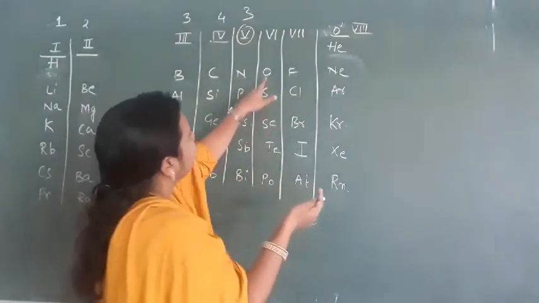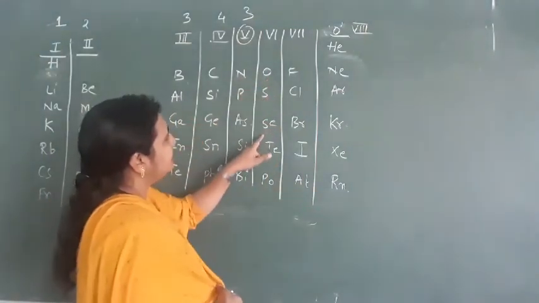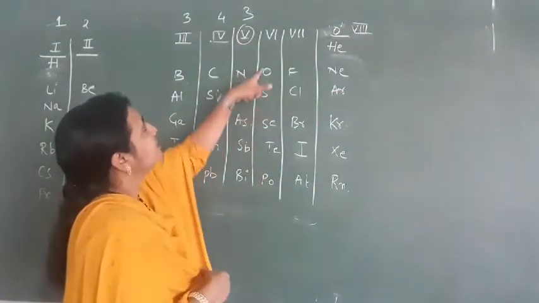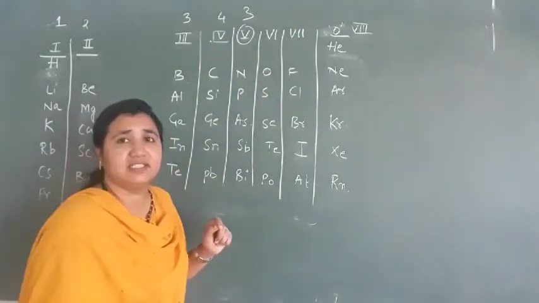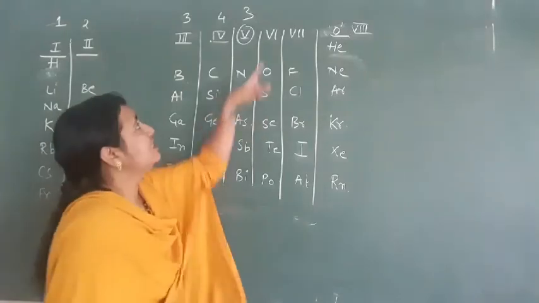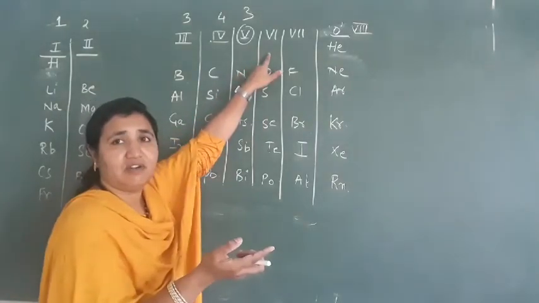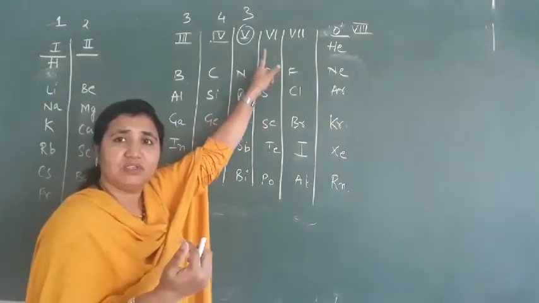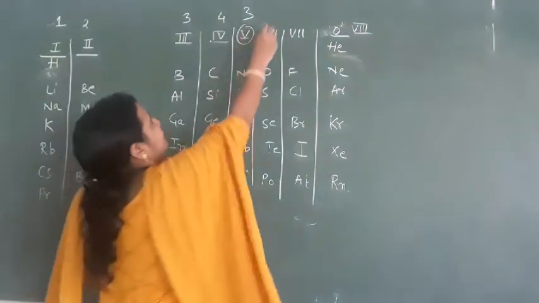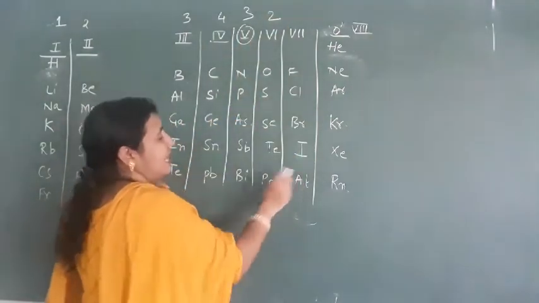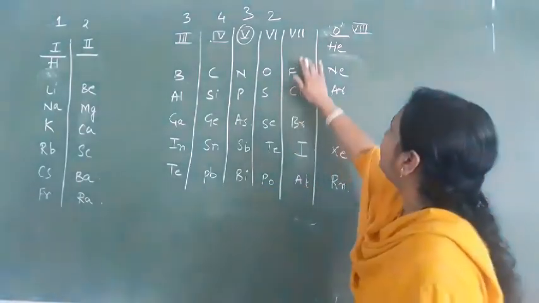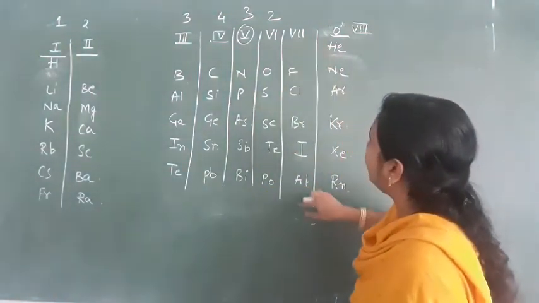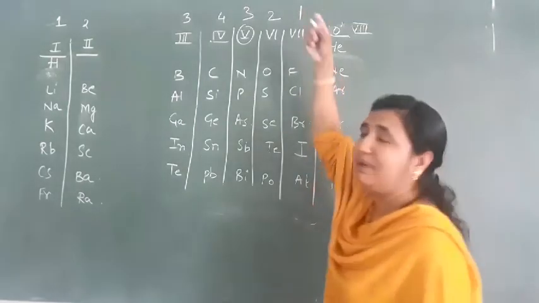Next, the sixth group: oxygen, sulfur, selenium, tellurium, polonium. The valency is 8 minus 6. They have 6 valence electrons, so they accept 2 electrons and complete their octet. That's why their valency is 2. The seventh group has 7 electrons, so they accept 1 electron and complete their octet.